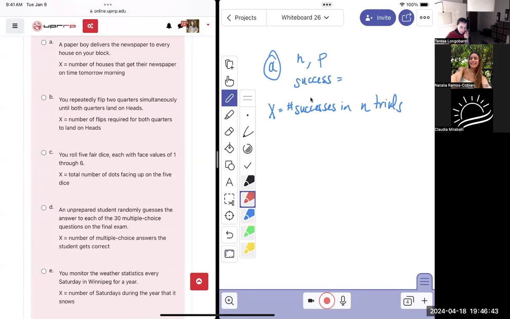If you can fill this in, number of successes in N trials, it doesn't mention how many times. We don't have N.